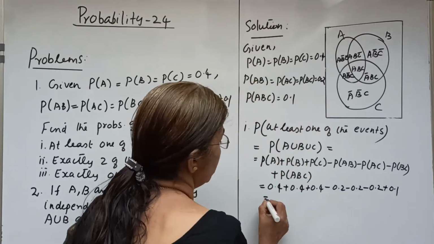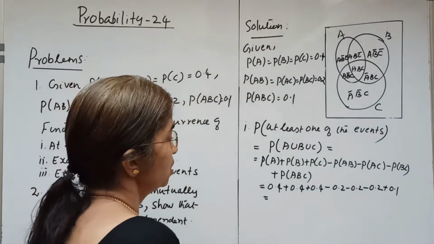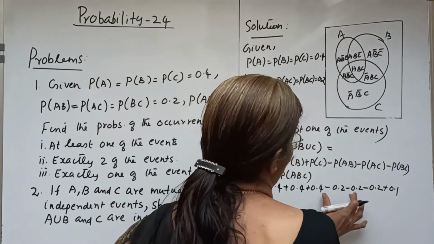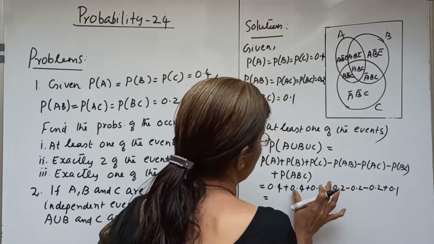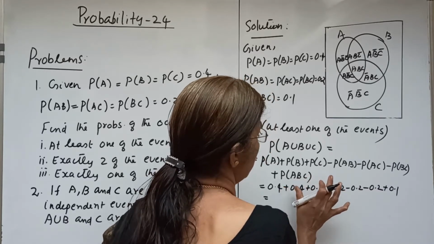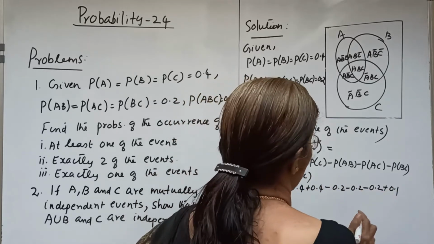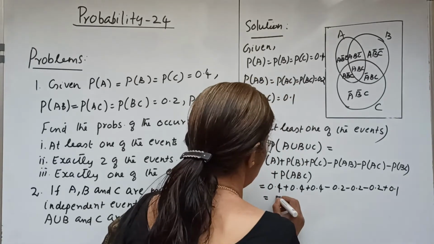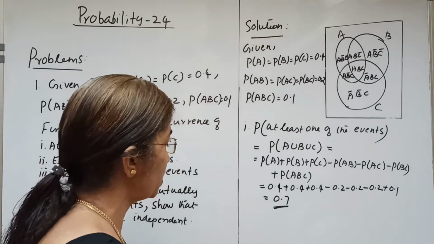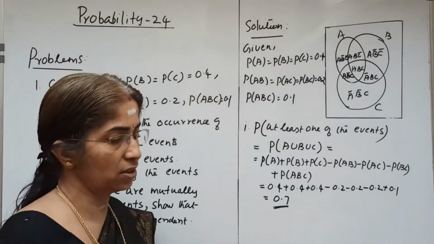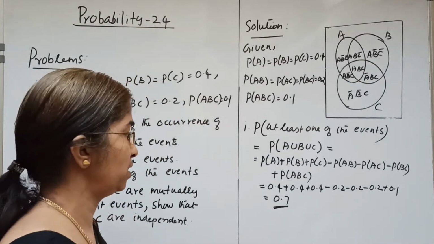Okay, directly applying the formula. So what happens? 0.4 cancels 0.2, that is 0.4 plus 0.2 plus 0.1, it is 0.7. Okay, probability of at least one of the events is given by 0.7.